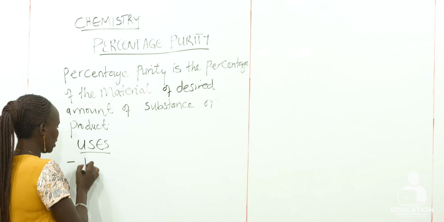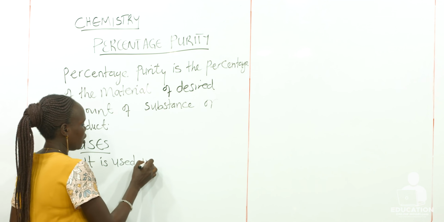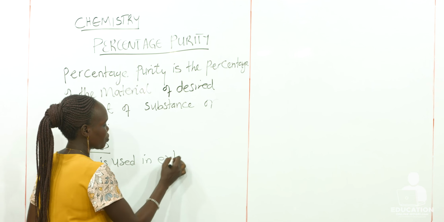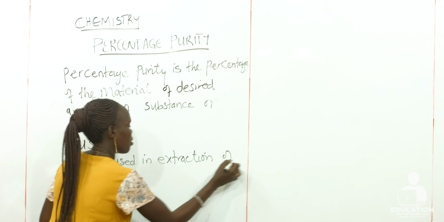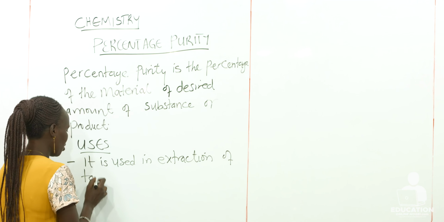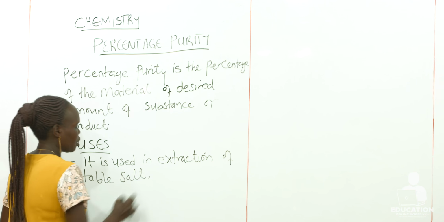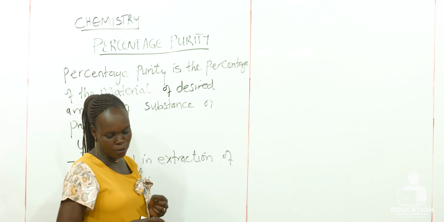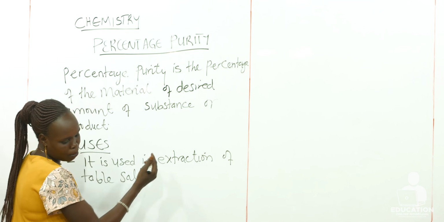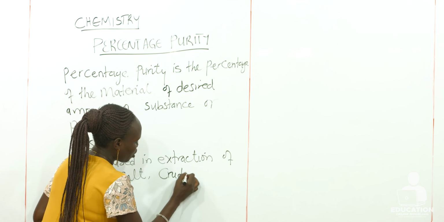So the uses of percentage purity: first of all, it is used in the extraction of table salt, and also for the extraction of crude oil.